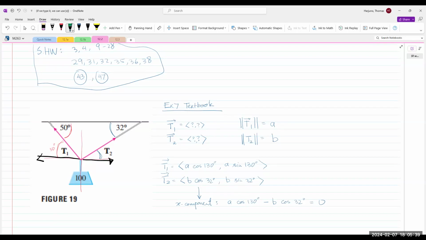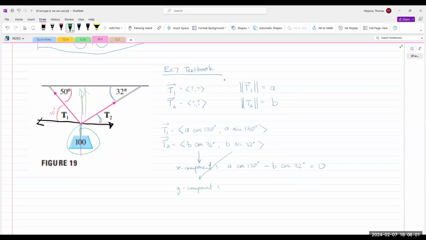While when it comes to the y component, notice that the y component of T1 and the y component of T2 put together suspend the 100. The y component of T1 together with, I'm sorry, it should be plus here.